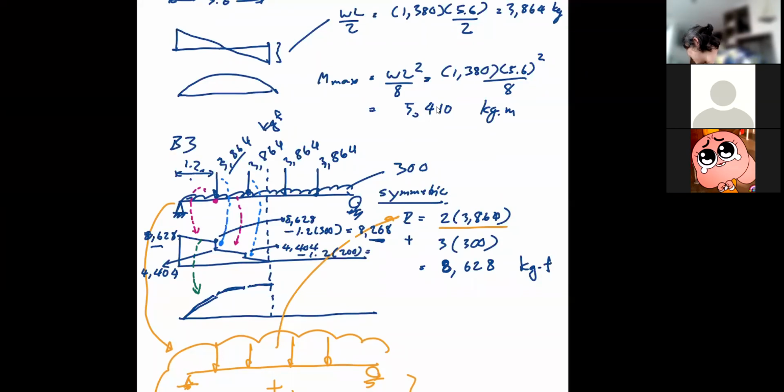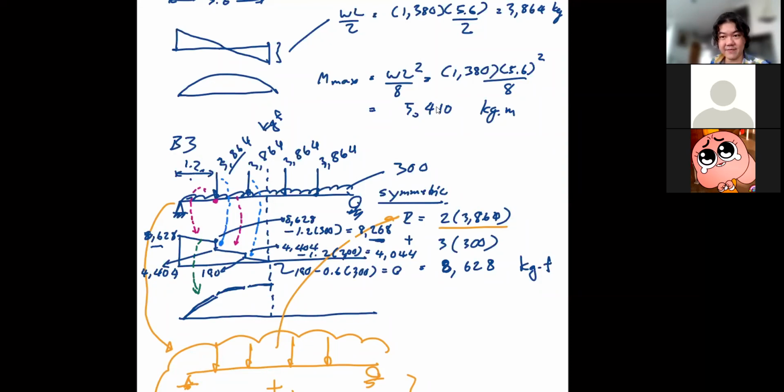And this is 4044. How's that? And then at this point, it's just 4044 minus 3864. And that is 180. So you should now pray that 180 minus 0.6 multiplied by 300 should give you 0.